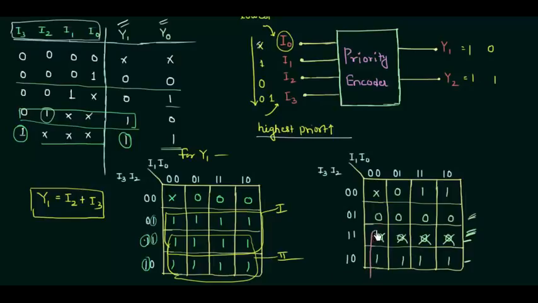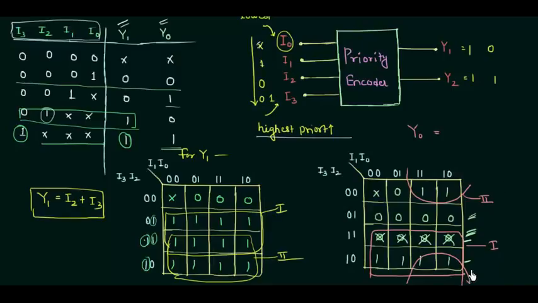I'm assuming that you know how to solve the K-map, so this is my first group and I have combined these 4 ones, the 2 ones are still left, so let's make the second group. This is my first group, this is my second group, so let's start writing down the minimized function.